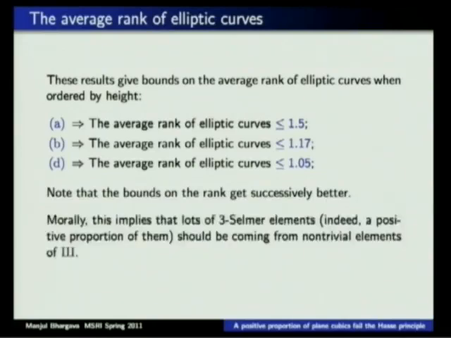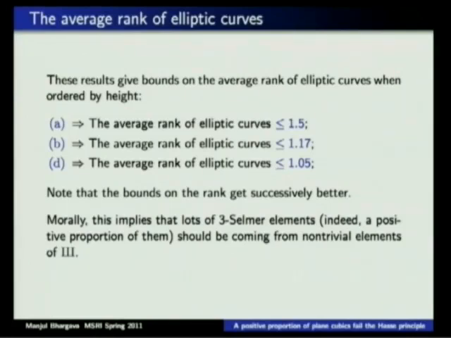And that's what's behind the main theorem about the Hasse principle. Morally, this implies that lots of 3-Selmer elements, because the 3-Selmer result only gives you a bound on the rank of 1 1/6, whereas we know from the 5-Selmer result that the average rank isn't actually that high. So what that tells you is that lots of 3-Selmer elements must be coming from non-trivial elements of Sha.